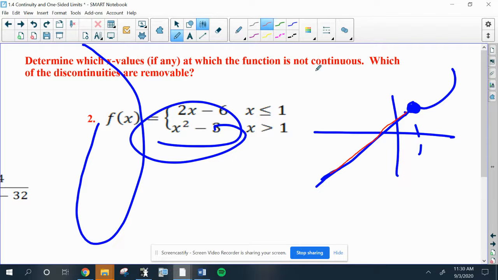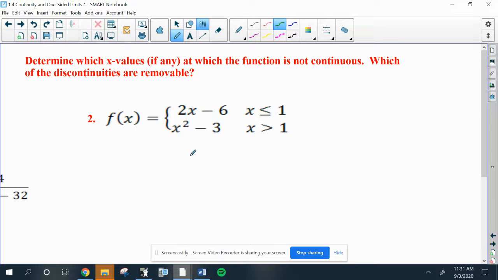Then we're also going to find the limit of this function as x approaches 1 from the right. And if they match, no discontinuity. If they don't match, we have a jump. So that's basically it.